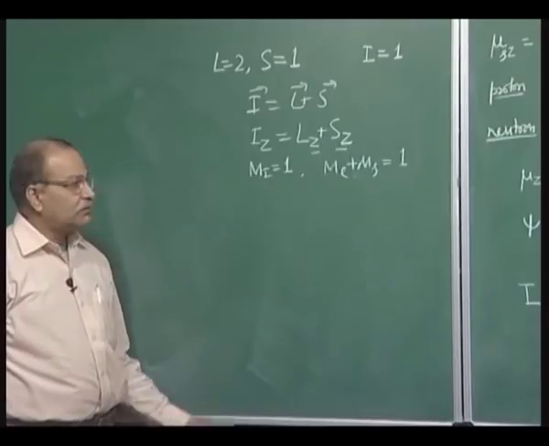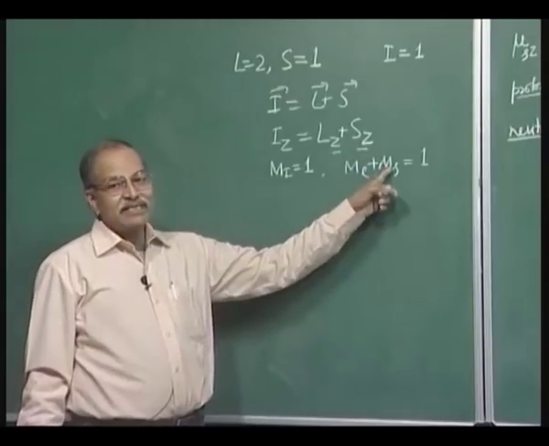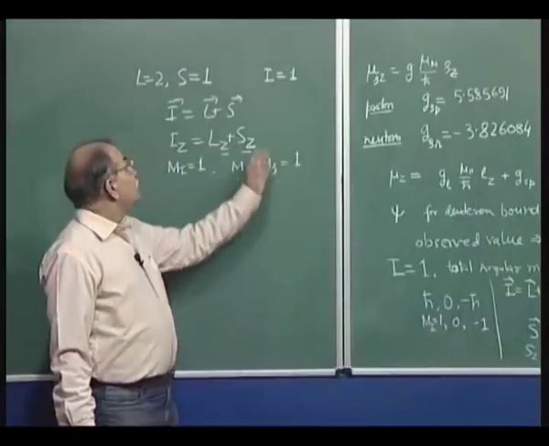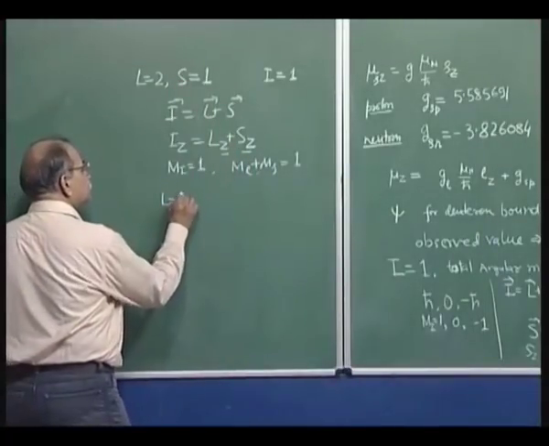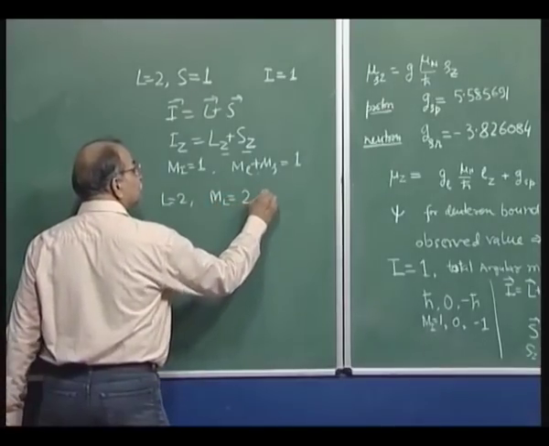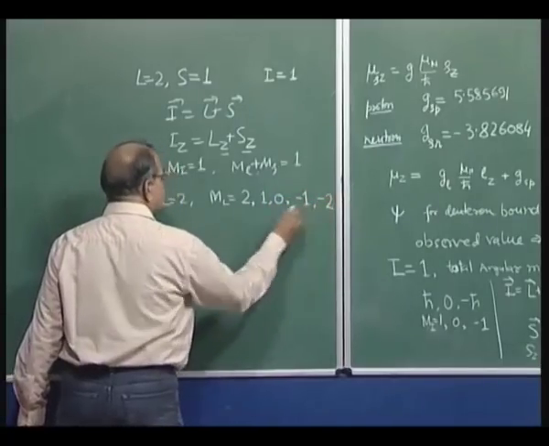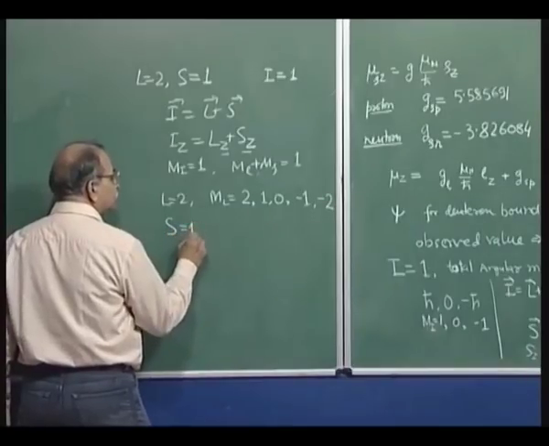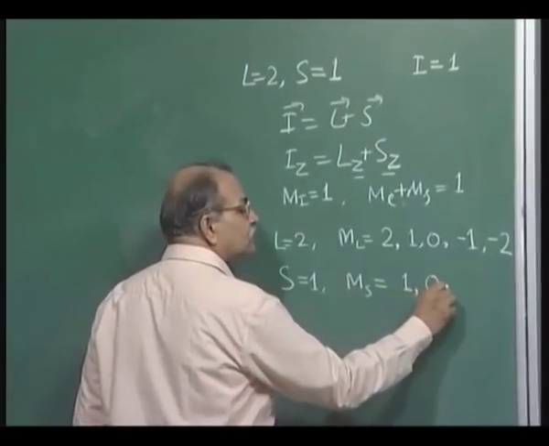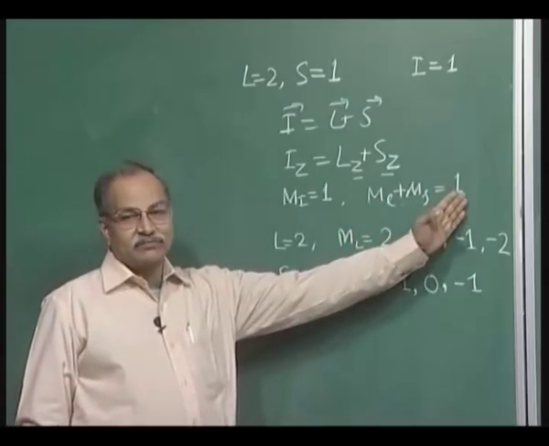We will just see what values of M L and M S can give me 1. Since L is equal to 2, M L can take values 2, 1, 0, minus 1, minus 2, and S is equal to 1, so M S can take values 1, 0 and minus 1, and M L plus M S should become 1.